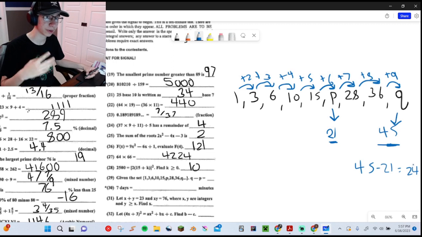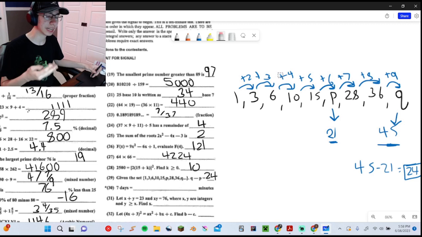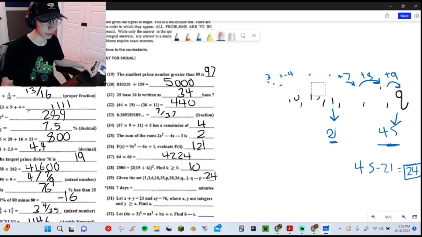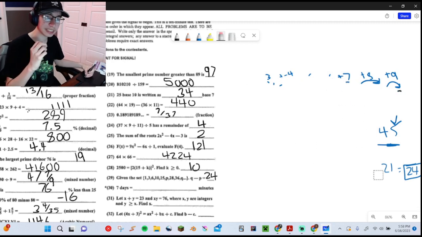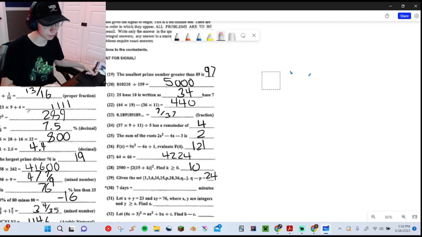That gives me 24 as my answer. These pattern ones could be pretty tricky, but because this is an A test, so one of the first UIL tests that gets released in the year, it's pretty alright. But if you can't immediately identify the pattern, you should probably skip it. Those ones could be nasty.